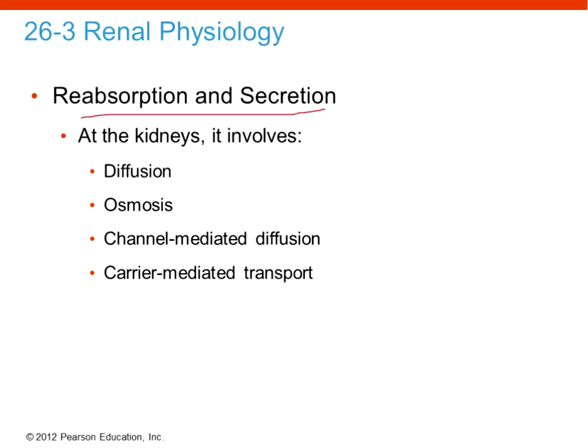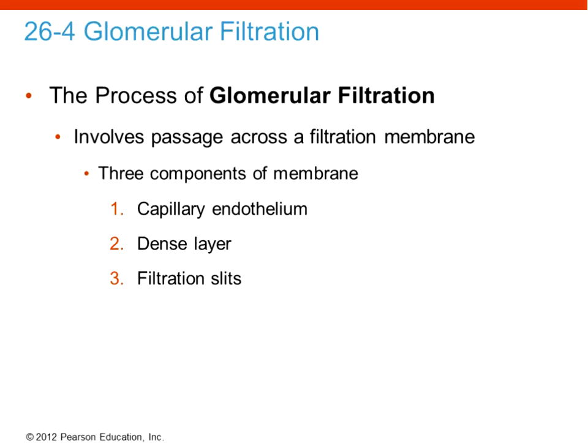Reabsorption and secretion at the kidneys, diffusion, osmosis, all these things are happening to allow for reabsorption and secretion to occur. And that's ultimately the processes that we see. If you look specifically at glomerular filtration, we're going to see how it actually passes across this filtration membrane.